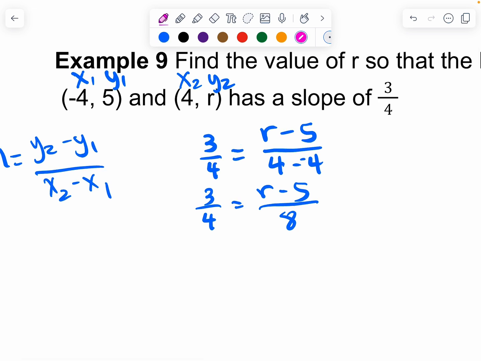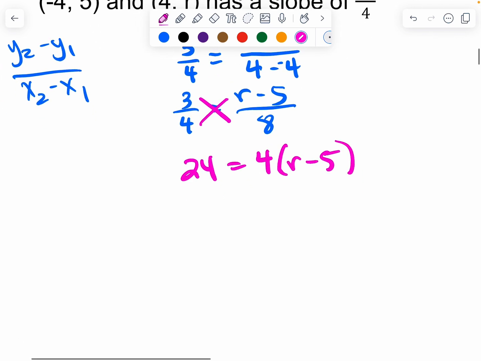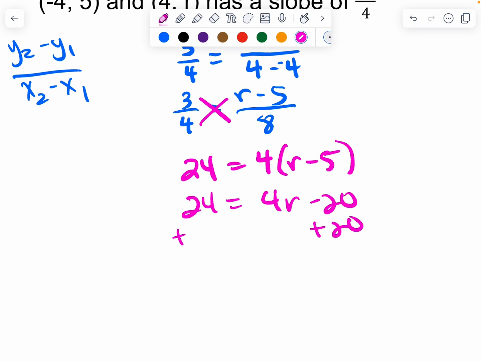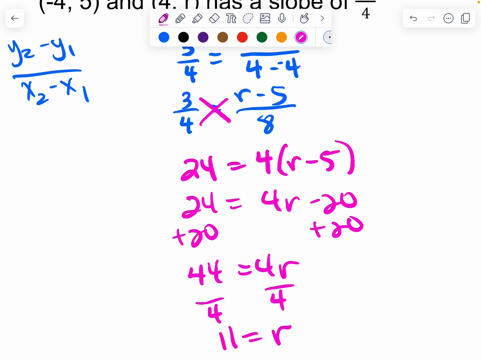And we just did proportions, so I multiply these two together, get 24. Multiply these two together, I get 4 times r minus 5. I add 20 to both sides. I do not get 24. I get 44 equals 4r. Divide by 4 and get 11 equals r.